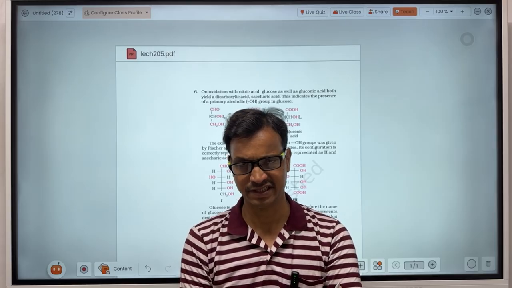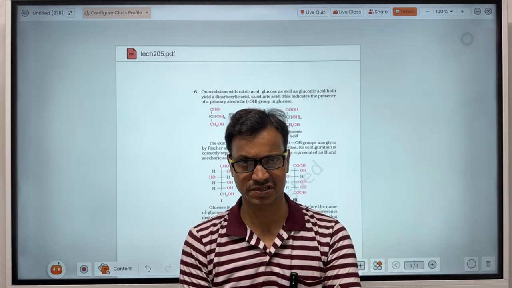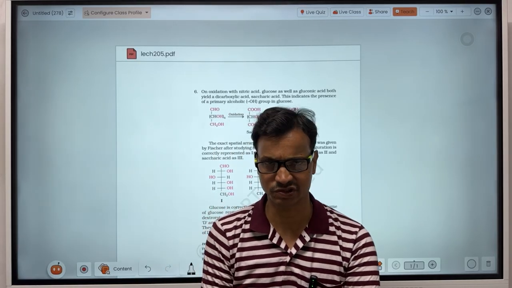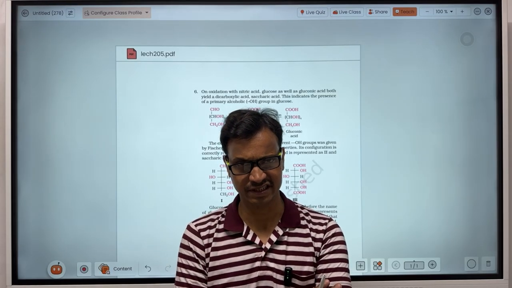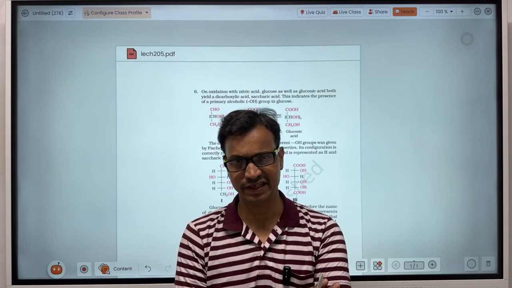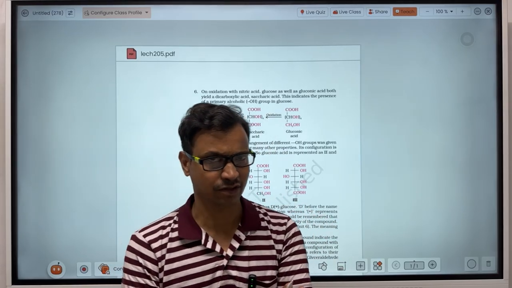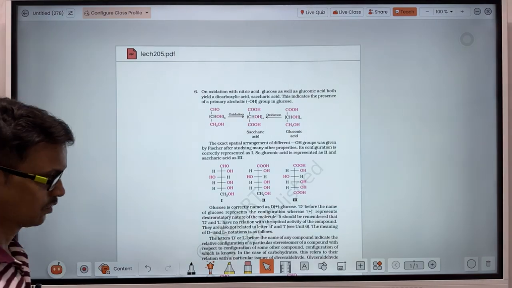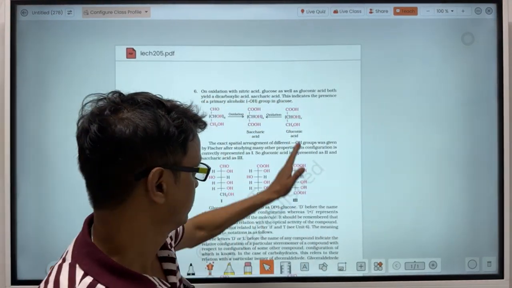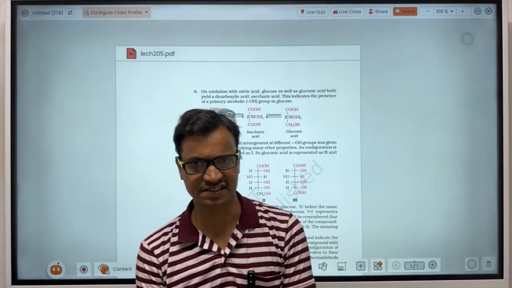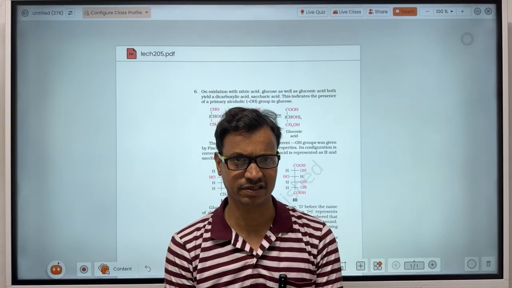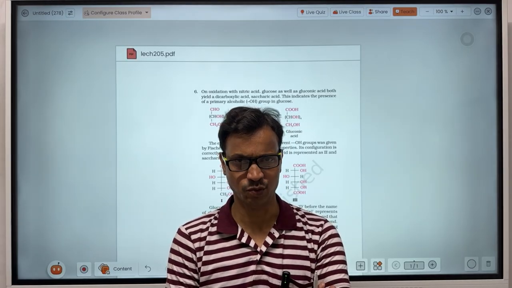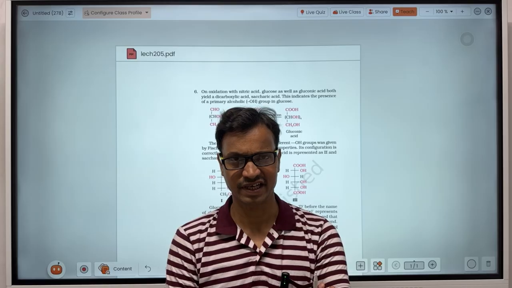When glucose was oxidized by bromine water, that indicates that glucose contains an aldehydic group. And when glucose was oxidized again, there is formation of saccharic acid. Gluconic acid also gives saccharic acid. So this oxidation indicates that in glucose there is an OH bonded to the primary carbon atom.